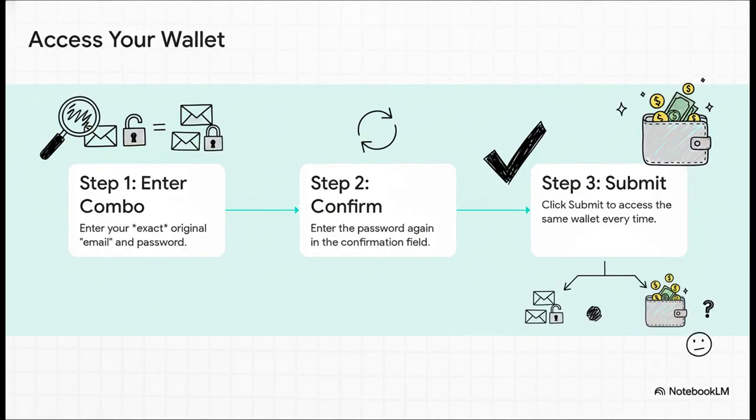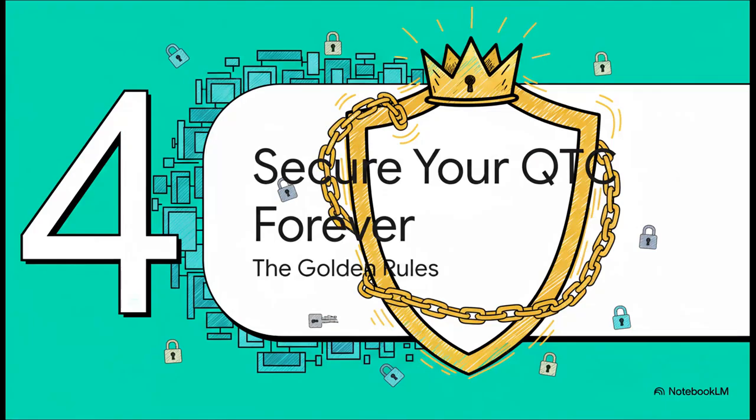And to get back into that wallet later, you just enter the exact same login combo, the same email string, the same password. Every time you enter that specific combination, it will perfectly regenerate your wallet with all your funds safe inside. But be careful, if you have even one typo, one character off, you'll just accidentally generate a brand new, empty wallet.